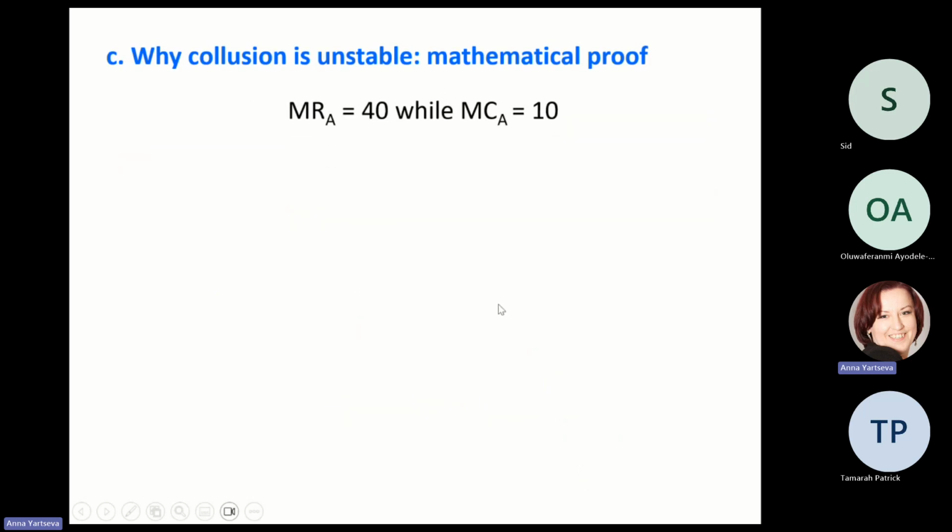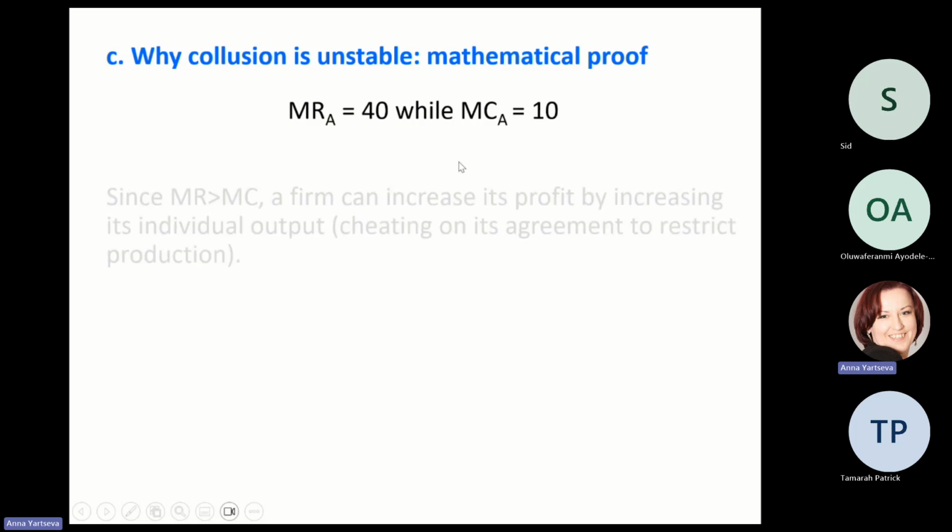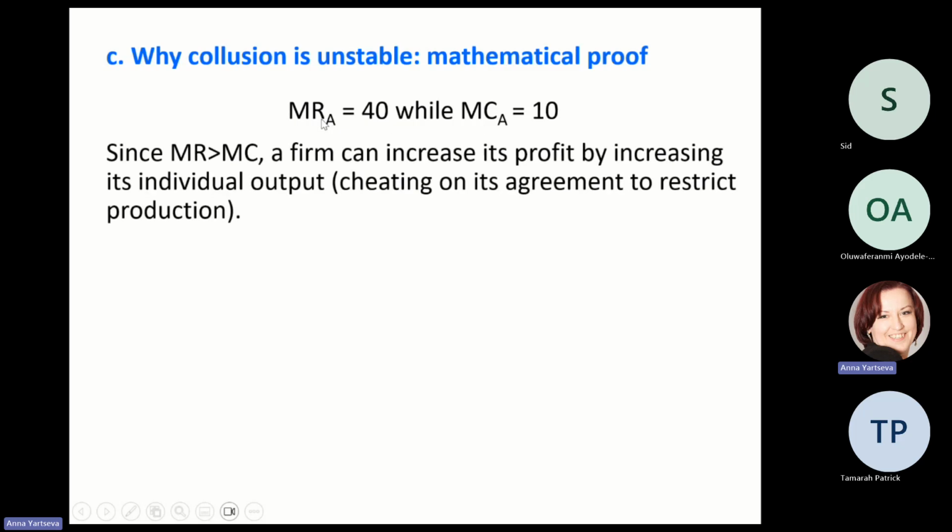In reality, this is our scenario. To maximize our profit, they need to be equal, but they are not. Moreover, marginal revenue is greater than marginal cost. In other words, in this situation, you produce a certain level of output, but marginal revenue, the additional revenue of producing an additional unit of output, will be equal to 40 pounds.